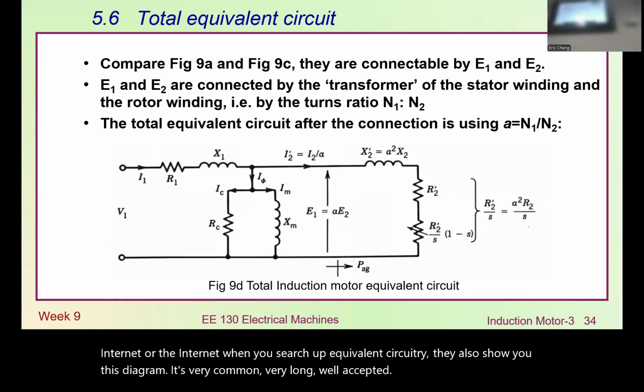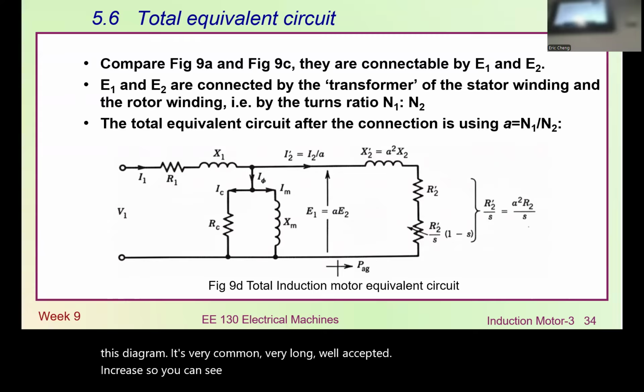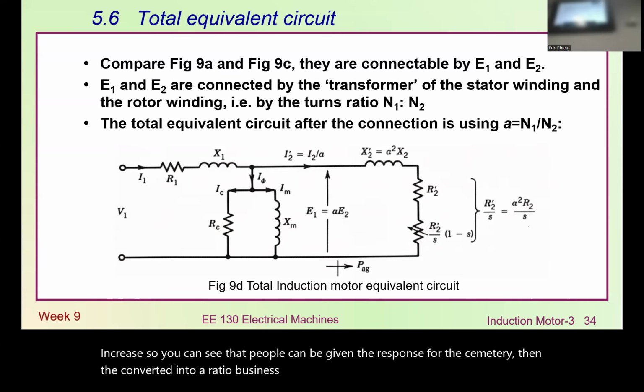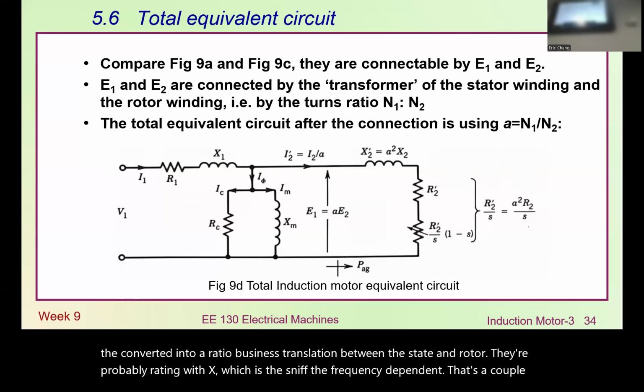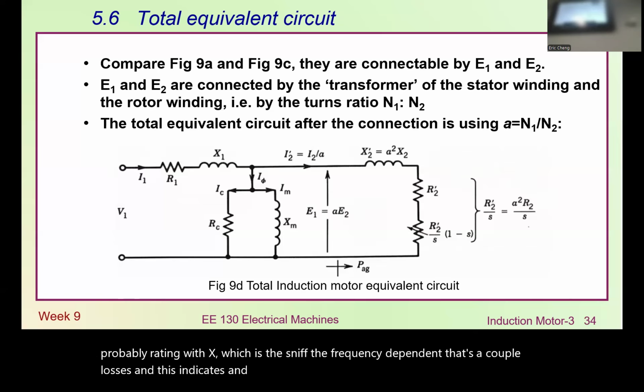You can see that the input voltage V1 passes through the circuitry, and we convert it with the A ratio, the turns ratio between the stator and rotor, then the ratio S, which is frequency dependent. That's the copper losses. And this is the leakage inductance, and we also have copper resistance here and here. So that completes the whole model.